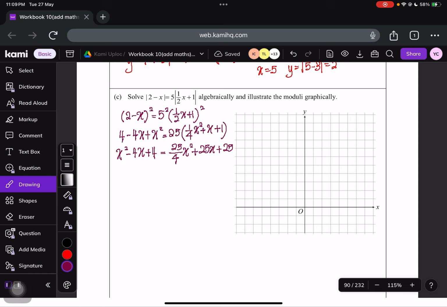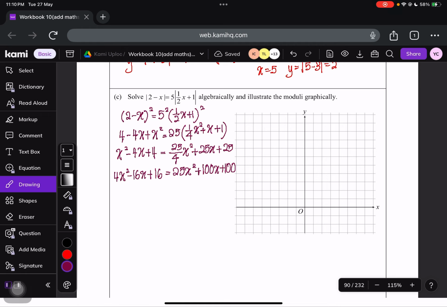Then because of the denominator 4, I multiply everything by 4. So I have 4x squared minus 16x plus 16 equals 25x squared plus 100x plus 100, because I times 4 for everyone. I want to remove the 4.